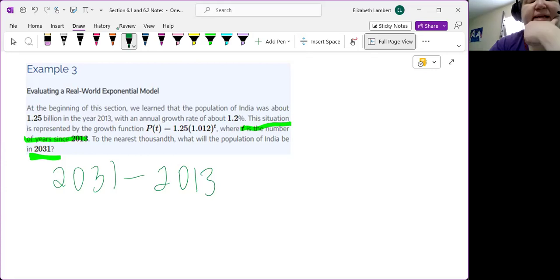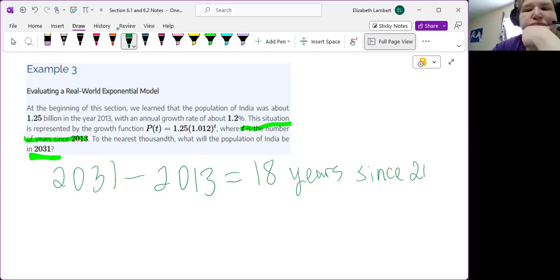So it looks like 18 years since 2013. So 18 is our T value. And then it says to the nearest thousandth.